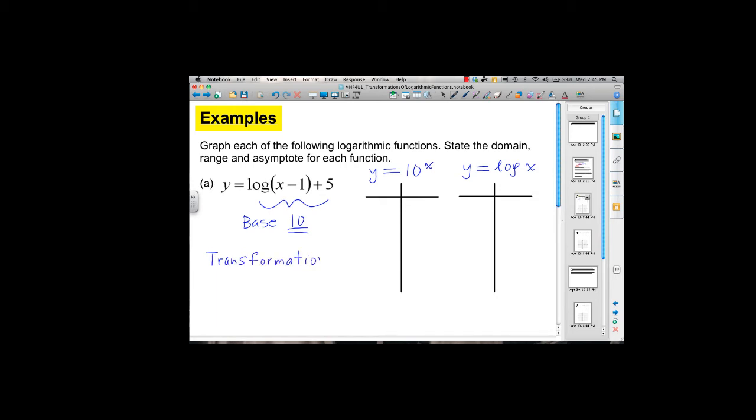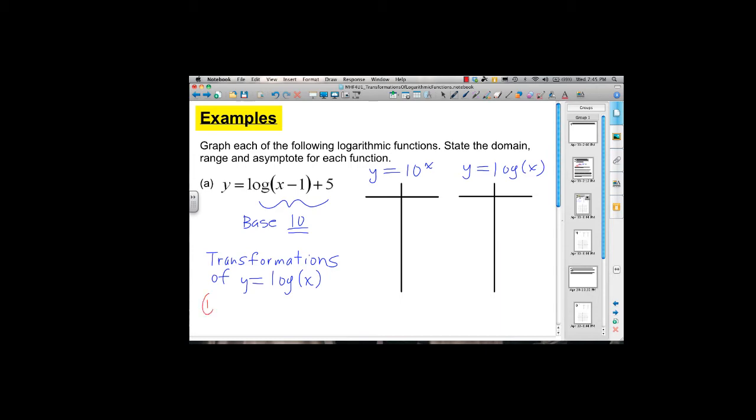So the transformations of y equals log of x that we're going to need to perform. Well, the first thing we would need to do, as it turns out with this particular function, there really isn't much to do other than a translation.